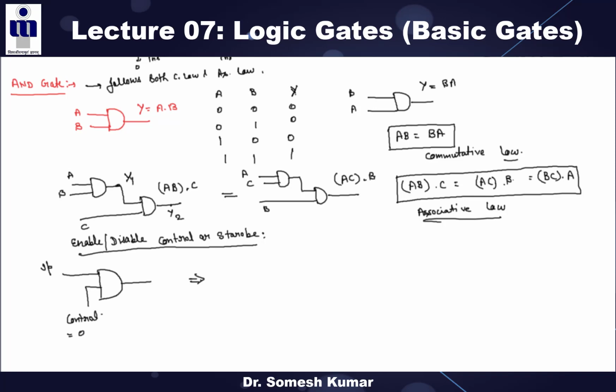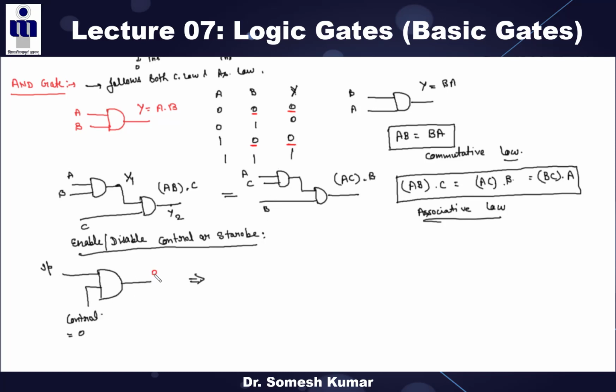Output always remains 0. See from the truth table, if any input is 0, what is the output? 0. If this is 0, the output is 0. It will not depend on the other input, right? If one input is 0, then the output always remains the same. Same means 0, right?